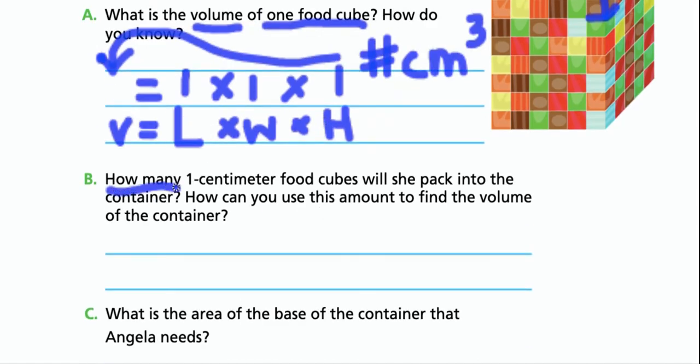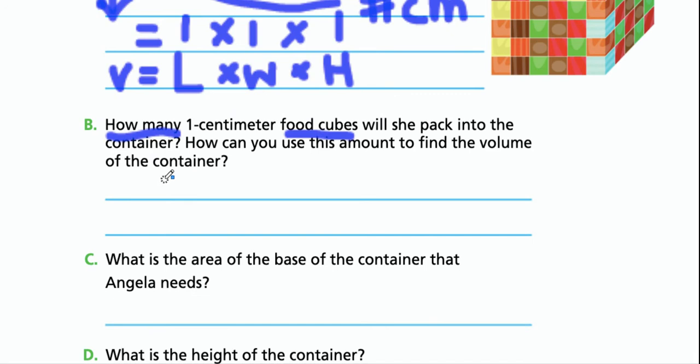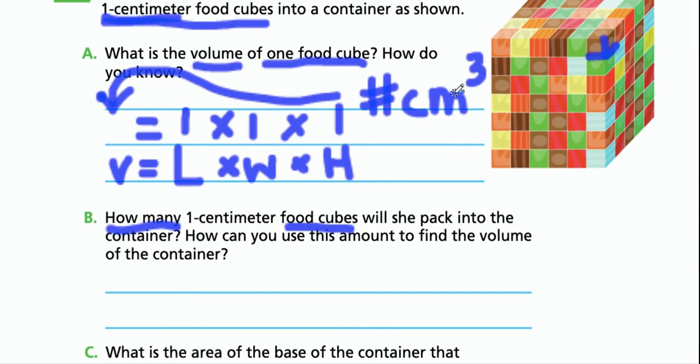Now, part B says how many. I'm looking for how many of the food cubes are going to go into the container. So how many cubes are here? It's not asking about the volume, it wants to know how many cubes are here. You will say blank is the number of cubes here. I don't need to say centimeters or cubed because it's not asking me about volume.